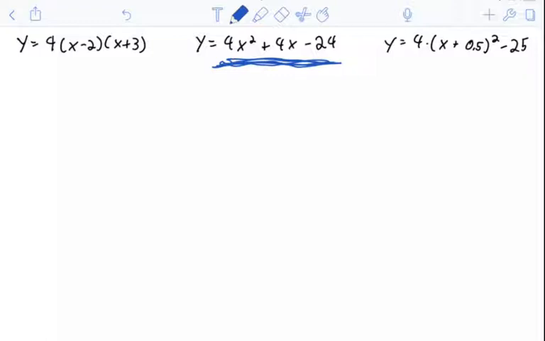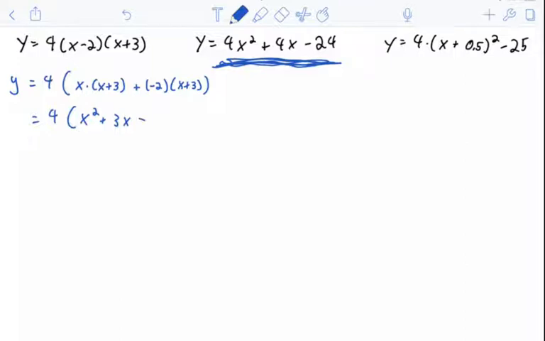So let's expand these. This one becomes 4 times x times (x plus 3), plus negative 2 times (x plus 3). That's 4 times (x squared plus 3x minus 2x minus 6), which becomes 4 times (x squared plus x minus 6).